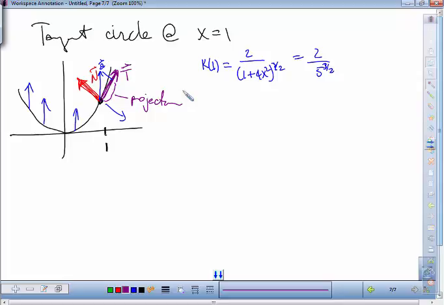But what we really want is this vector right here. We're going to want that vector, and then we're going to want to stretch that vector to have unit length so that we can just multiply it by the reciprocal of this thing.